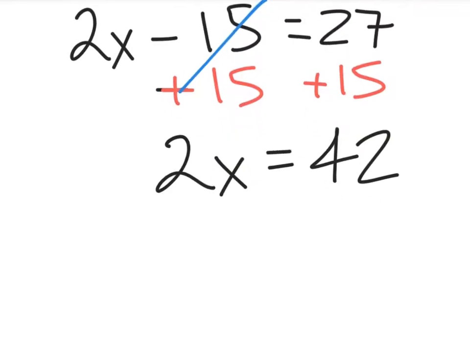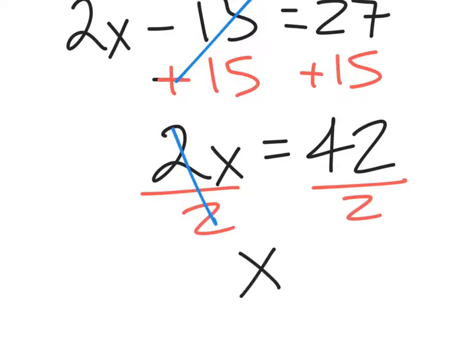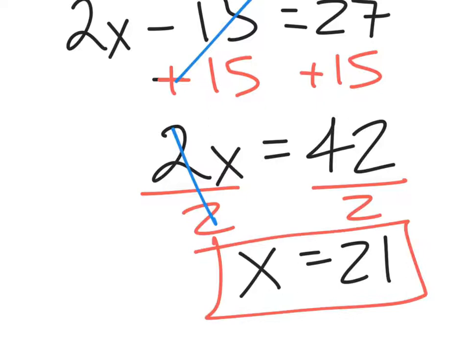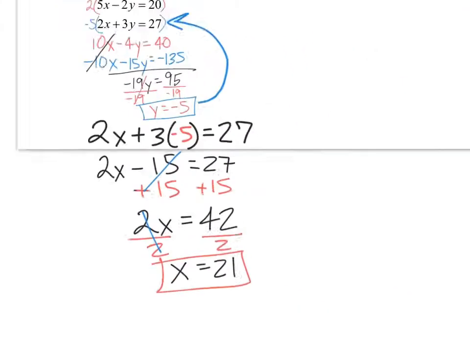Great. Now let's simply divide both sides by 2. And when we do, the 2s cancel out, and x is going to be equal to 42 divided by 2, which is 21. Oh, amazing. All right, so x equals 21, and y equals negative 5.